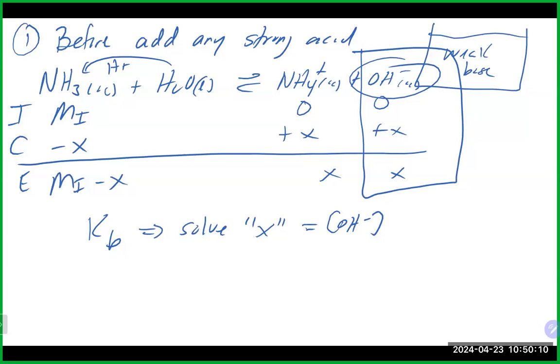So you would do an ice table in molarity with X's to get the concentration of X, and that would be the hydroxide concentration. That, remember, is still the hydroxide concentration, which means that you can get the pOH first, subtract from 14, and get yourself to the pH. So it's very similar to the previous titration, except instead of doing a weak acid problem, you have to do a weak base problem here at the very beginning of the titration. Questions on that there?